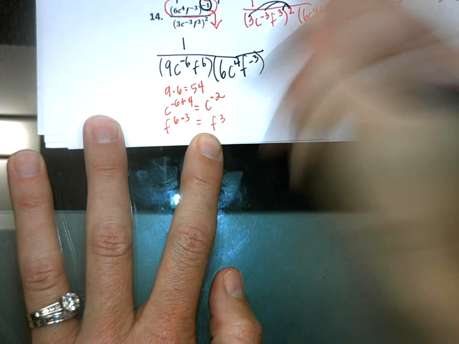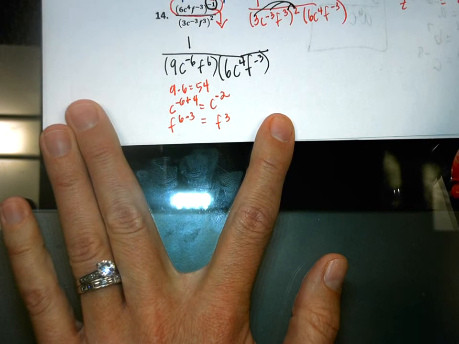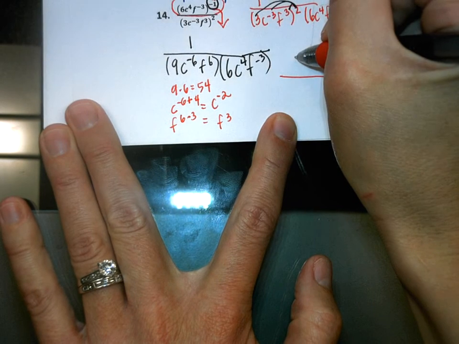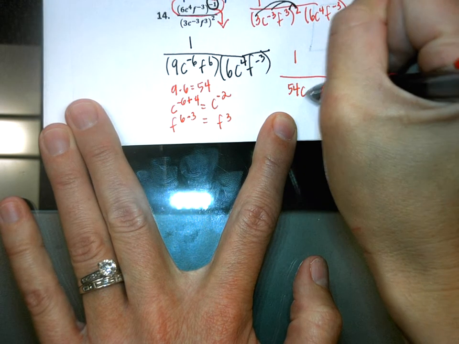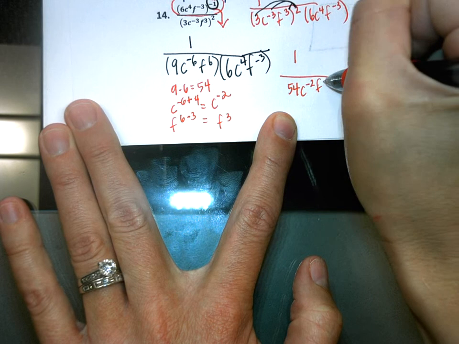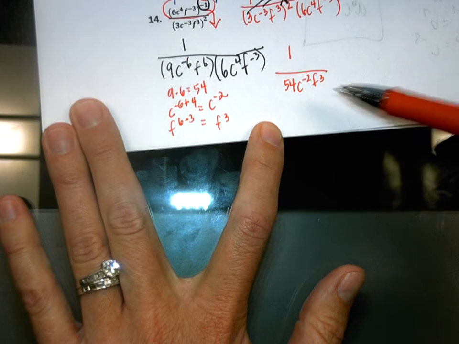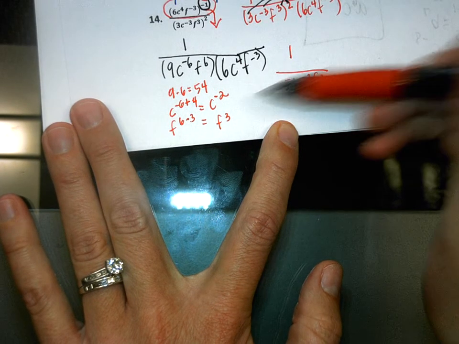So how will we end up now writing this answer? You have to be careful, okay? So in fact, you might even want to write this as 1 over, and we have 54c to the negative second f to the third. We have to be careful with this because when we were simplifying this, everything is on the denominator that we're simplifying.